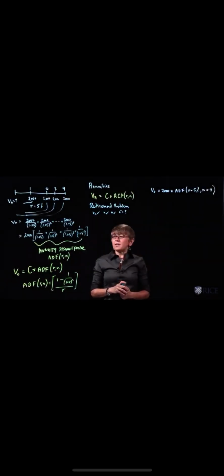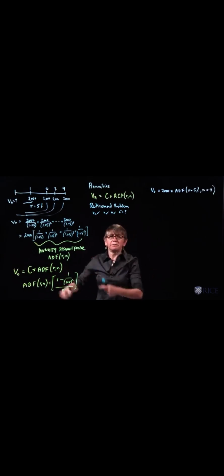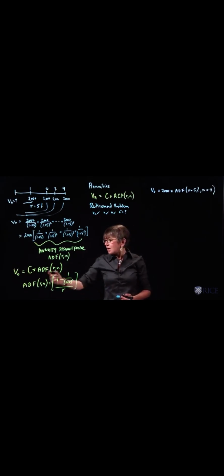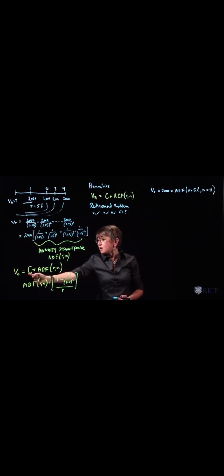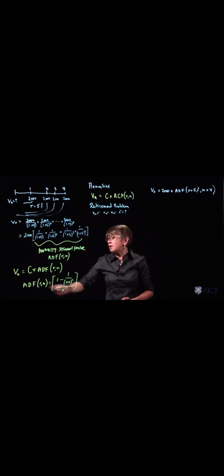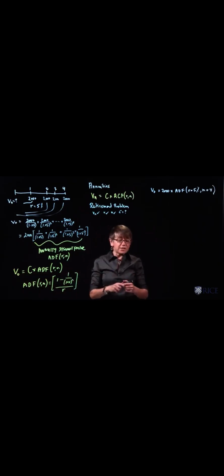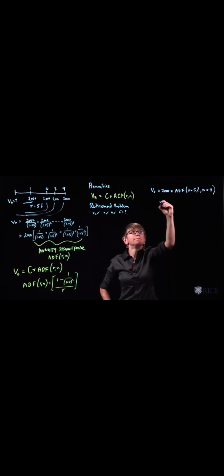What can we do with this? Well, we can again turn this problem on its head and look for the payments that are required if we know what the present value is. We can describe this as the loan problem.